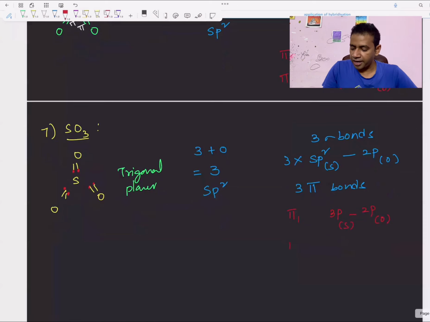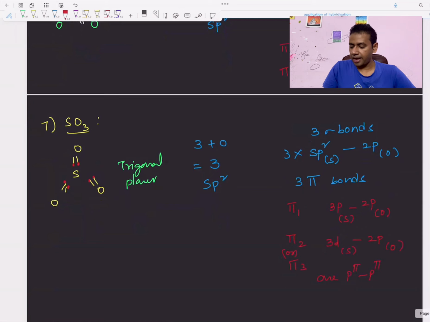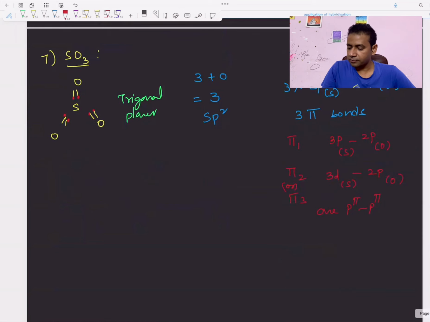Now the other two pi bonds are formed from the interaction of the 3d orbital of sulfur overlapping with the 2p orbital of oxygen. Therefore, we can say there is one p pi p pi bond in SO3, and we have 2 d pi p pi bonds in sulfur trioxide.